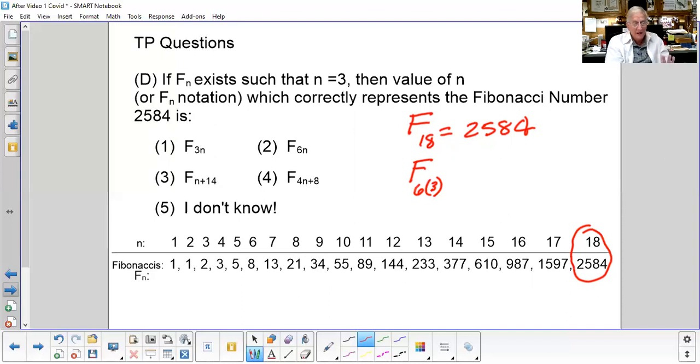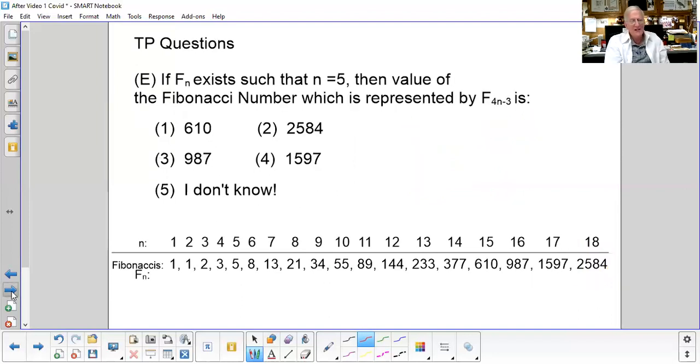So the correct notation I would have to use so that my subscript would come out correctly to 18 would have to be f sub what? 6n. Because when I put 3 in for n, 6 times 3 is 18, and f sub 18 is 2584. I hope you're catching on to how this is working, okay? All right, let's go on.